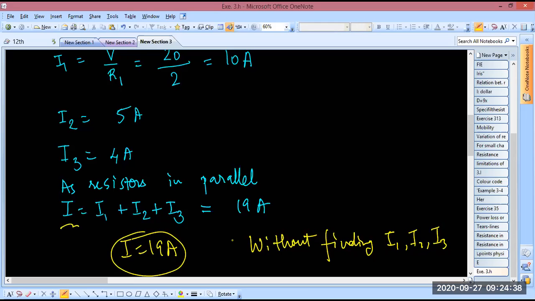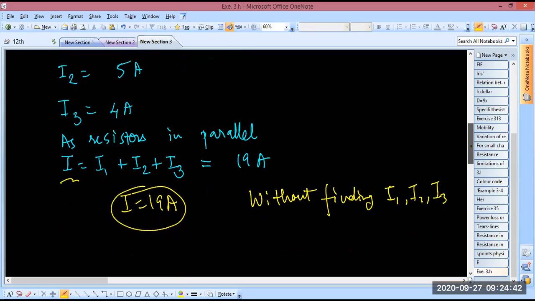Is there any other method? If yes, what is the method? Yes or no? Let's see how much you think about it. What's the method, everyone? If you know what's the method, write the method.